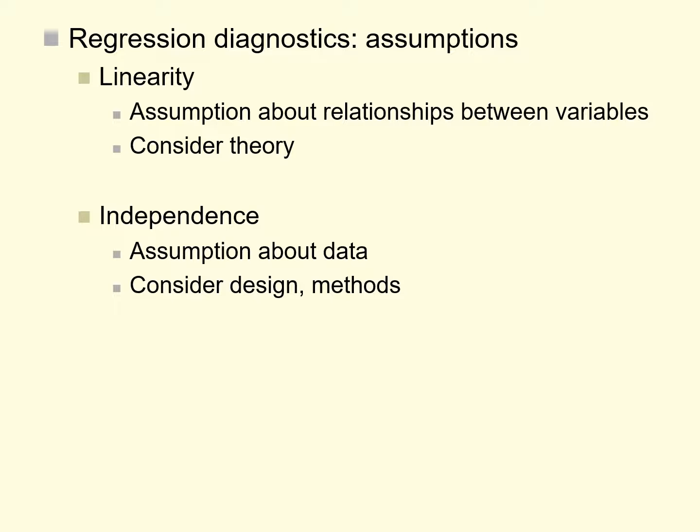We ask ourselves, to what extent is it possible that an individual participant's score might influence another individual participant's score or be associated with another individual participant's score? If the answer is, well, there's not much influence or not much chance of that, then we're maybe fairly comfortable making the assumption of independence. If we start to worry that maybe the participants' scores are influencing each other, then maybe we can't make this assumption and we have to use, again, different statistics.